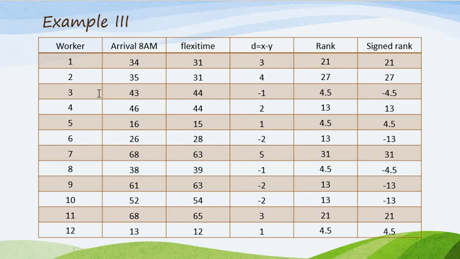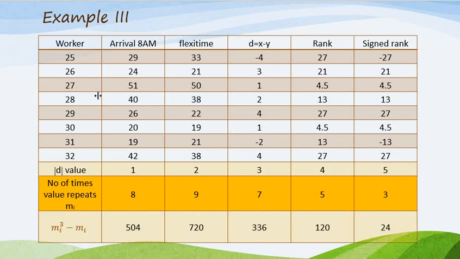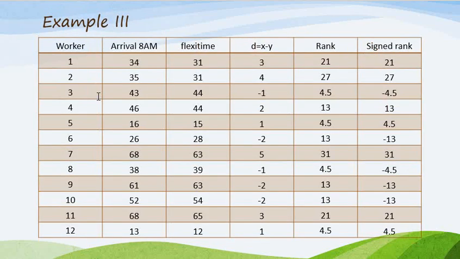To test whether it is effective or not, 32 employees of the company were given a week first to arrive at 8 a.m., then to arrive according to their flexi time, and the time that they are late is given here.